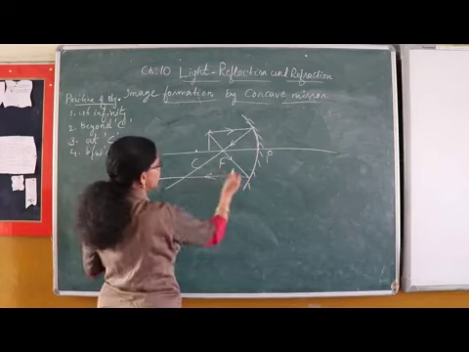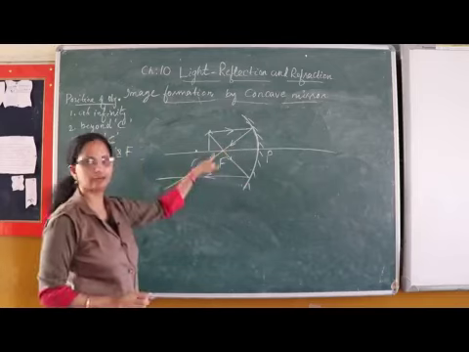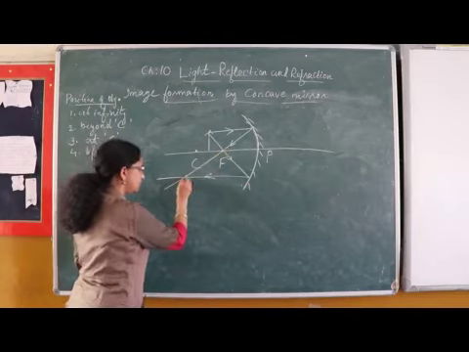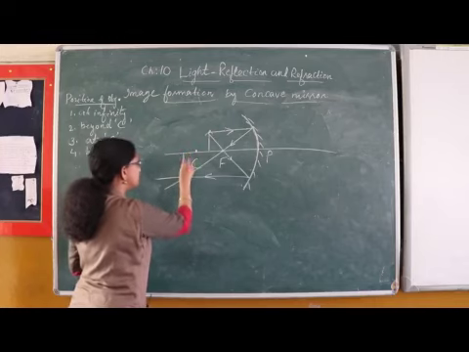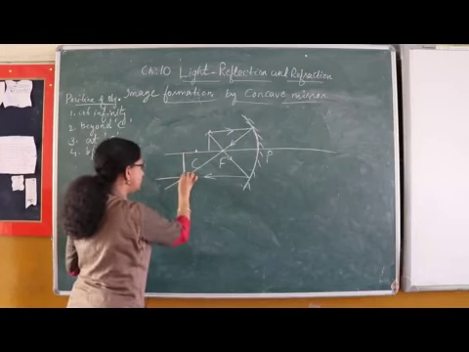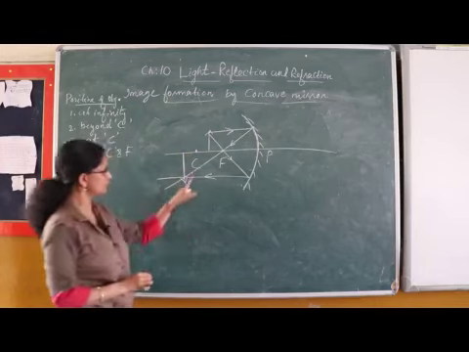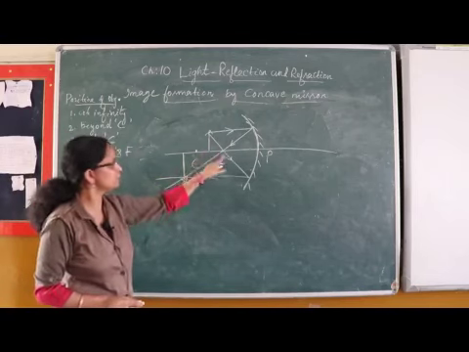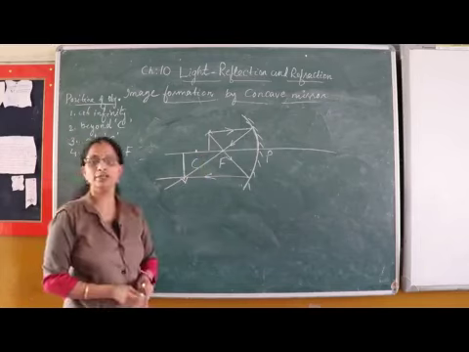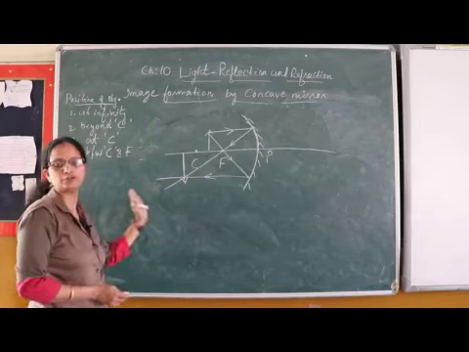In this way, the two rays after reflection meet each other here, and the image is formed beyond C, the center of curvature. So when the object is between C and F, the image formed is beyond the center of curvature.